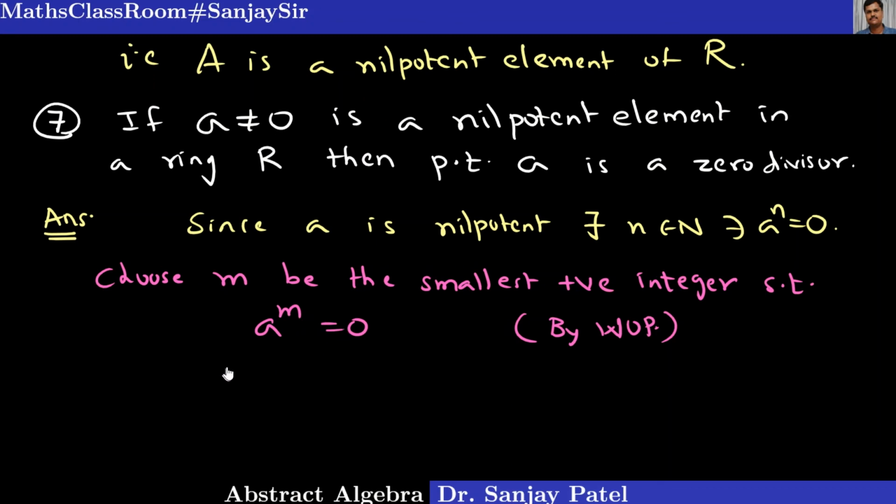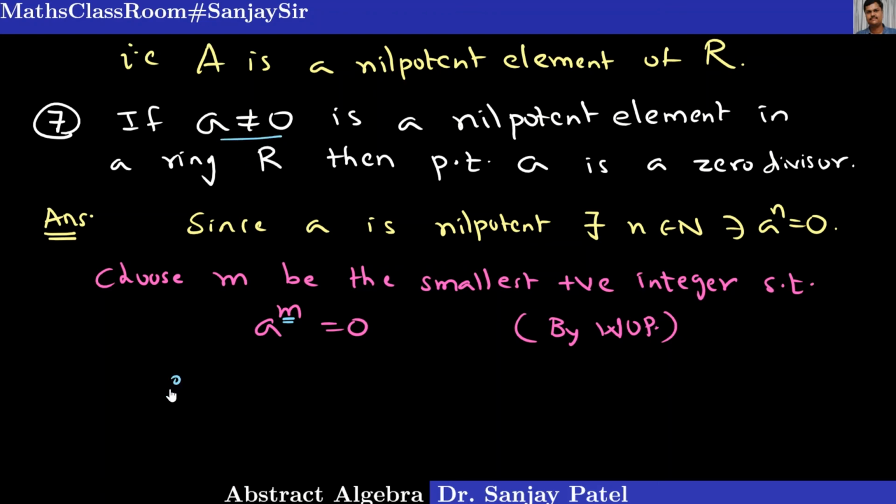Now this m is the smallest positive integer, but this m cannot be 1. Why? Because if m is equal to 1, then a raised to 1 equals 0, that gives us a equal to 0, which is not true. We are given that a is not equal to 0.